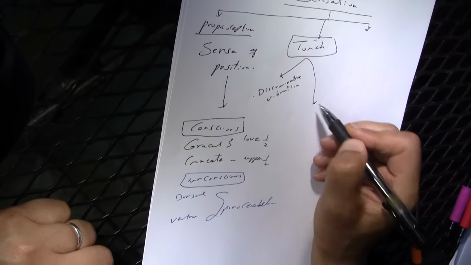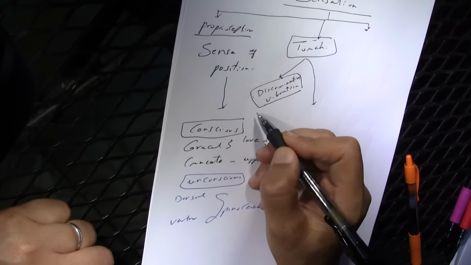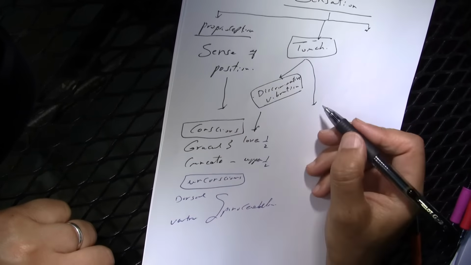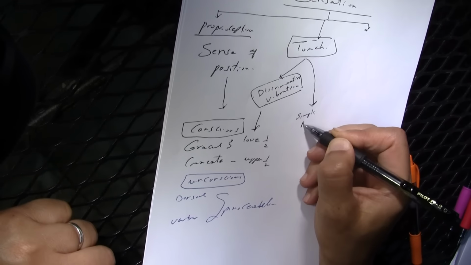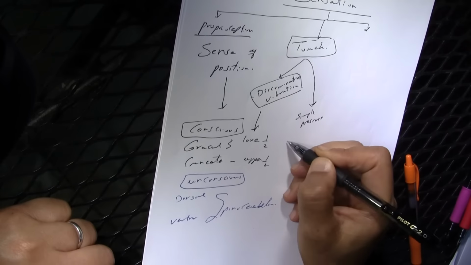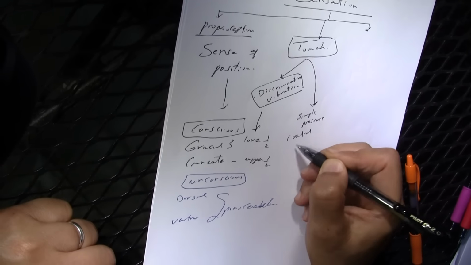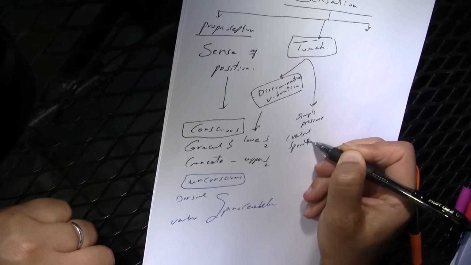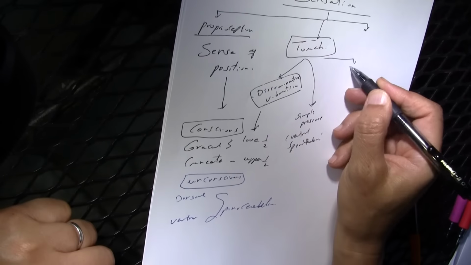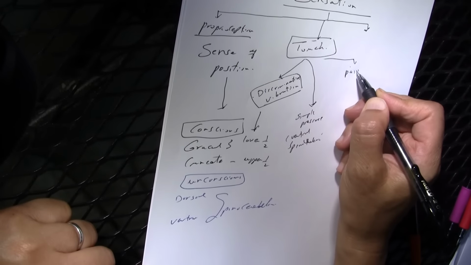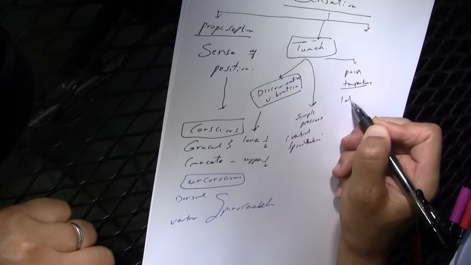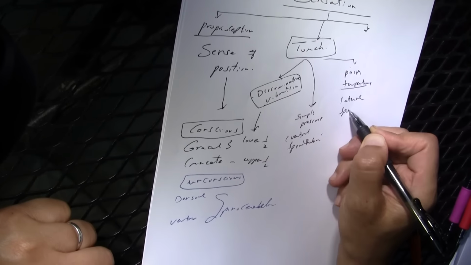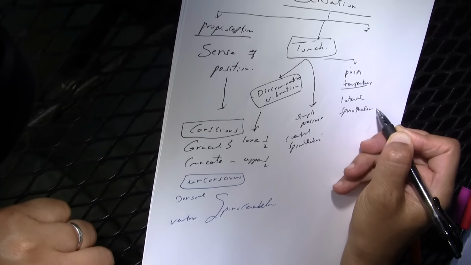There is another touch sensation, and this is still carried by gracile and cuneate, but there is another touch which is simple pressure, and this is the ventral spinothalamic. Then you have pain, temperature sensation, lateral spinothalamic tract.